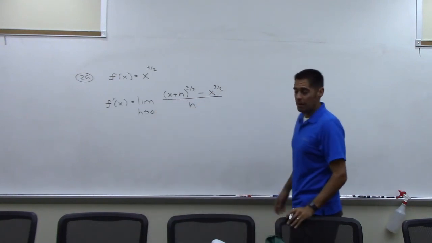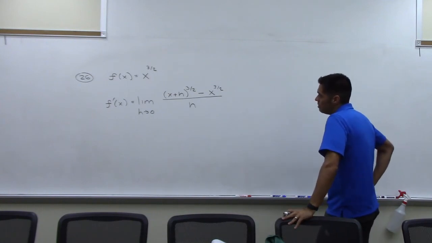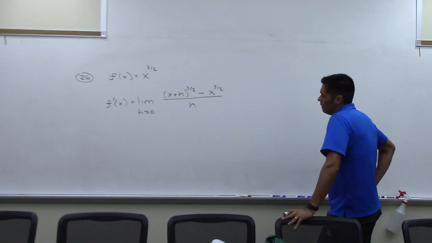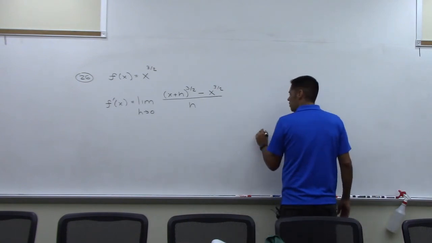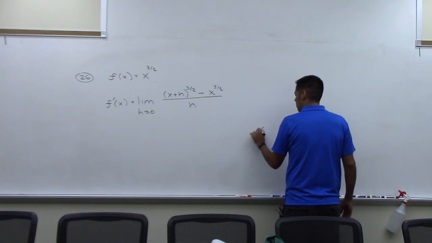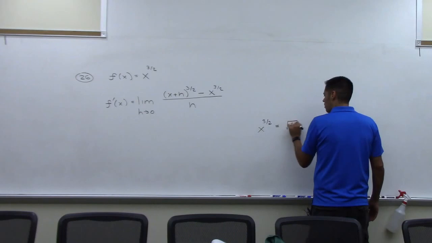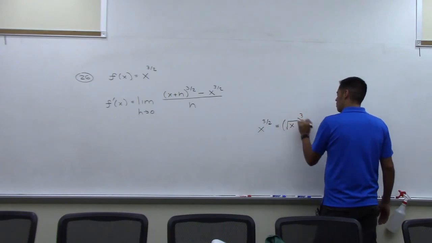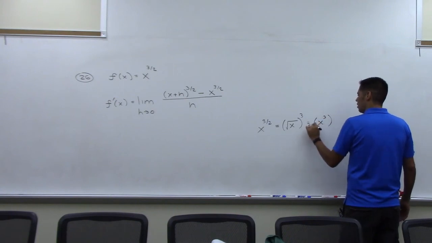All right, now we're going to run into a little bit of an issue here because algebraically we haven't really messed with anything like this yet. So maybe we look at this slightly different. Just remember that if you have, let's say, x to the 3 halves, that this is the same as the square root of x cubed, but that's the same as x cubed square root.